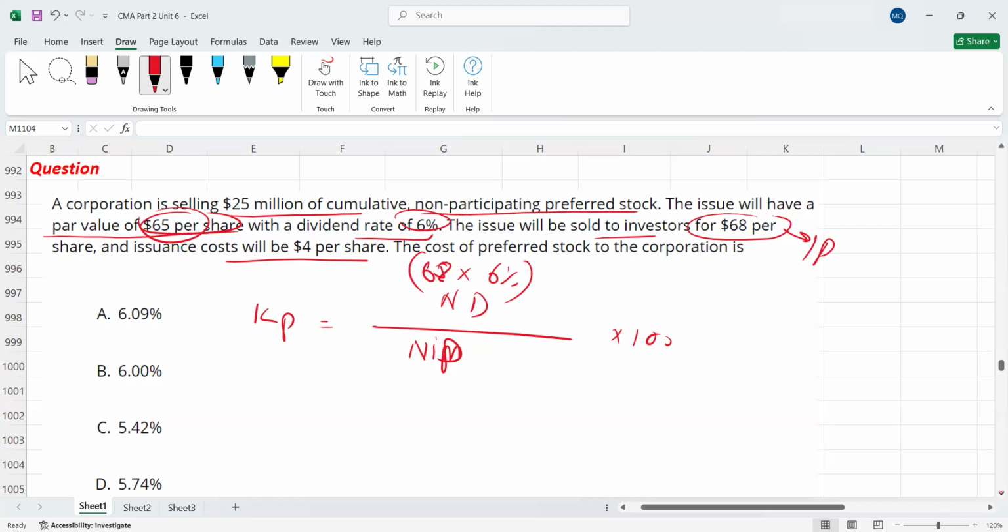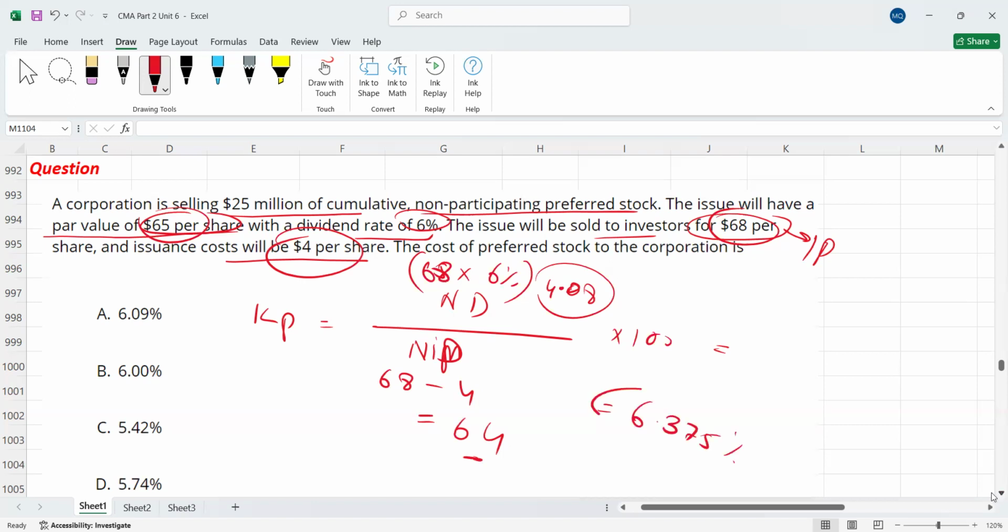No, it's not 65, it's 68, because the issue price is 68. 68 times 6% is going to be 4.08 as a numerator. What will the denominator be? Net issue proceed. How do you calculate it? Issue price, which is 64, minus flotation cost, which is $4. So the denominator is going to be 64. It means 4.08 divided by 64 times 100. Just check it. It will be 6.375% cost of preferred shares.